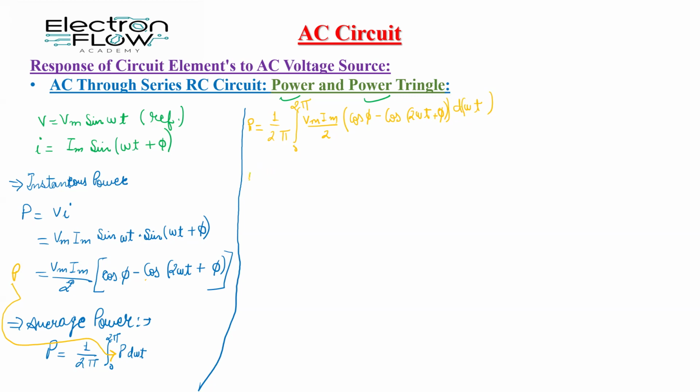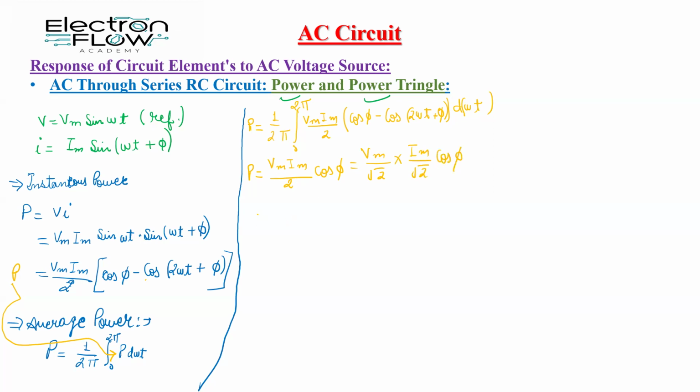After solving this equation, I will get the value Vm Im divided by 2 cos of phi, or I can rewrite this equation as Vm by root 2 into Im by root 2 cos of phi.